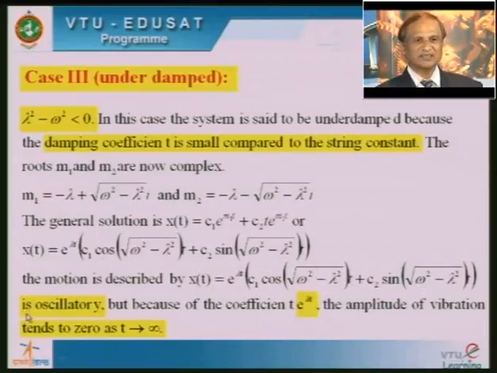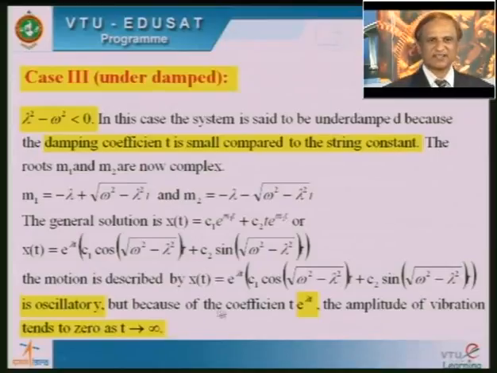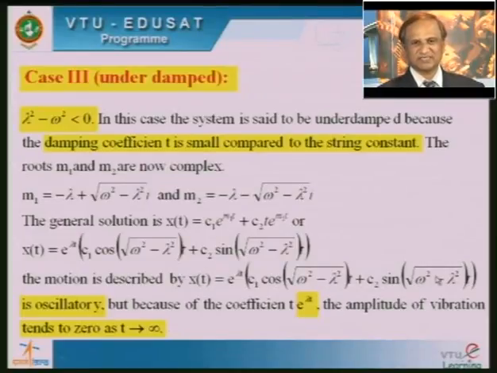So, clearly it is oscillatory, but because of the coefficient e to the power lambda t, the amplitude of the vibration tends to 0 as t tends to infinity. Is it clear? This factor or this term is present in this equation.